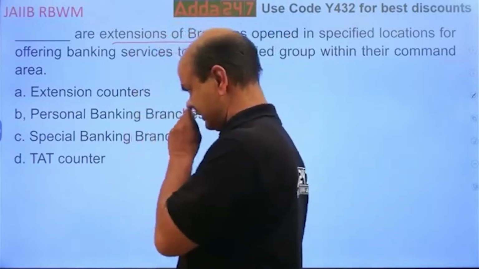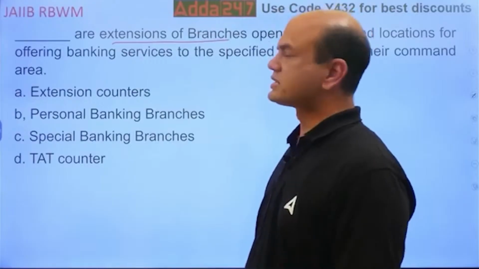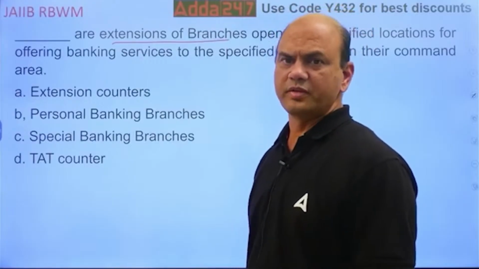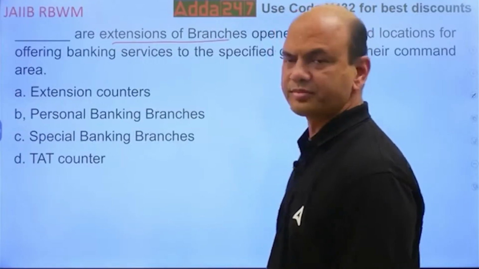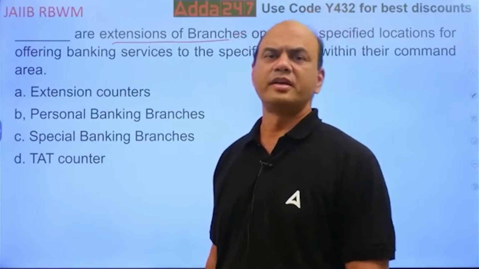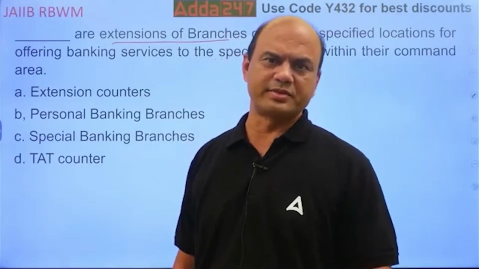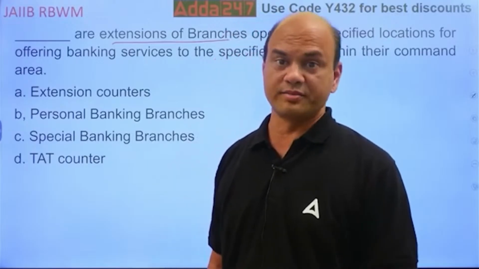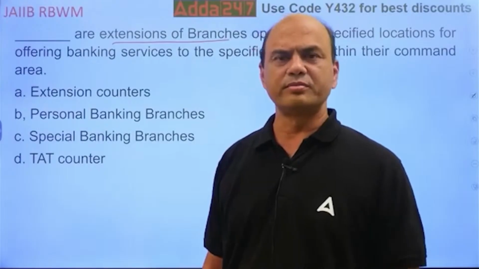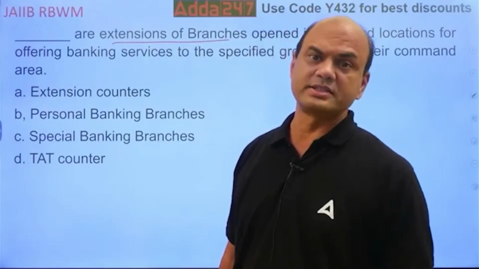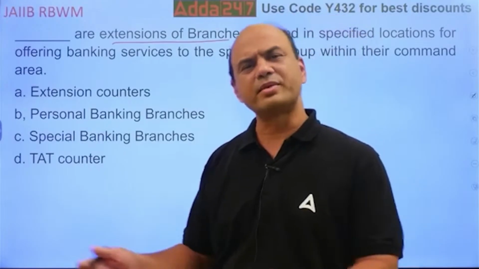So what are these called? Have you seen extension counters in the banks? Many of you might not have seen this. Some of you in the nationalized banks might have seen this. Extension counters are there. Extension counter means what? A sub branch.